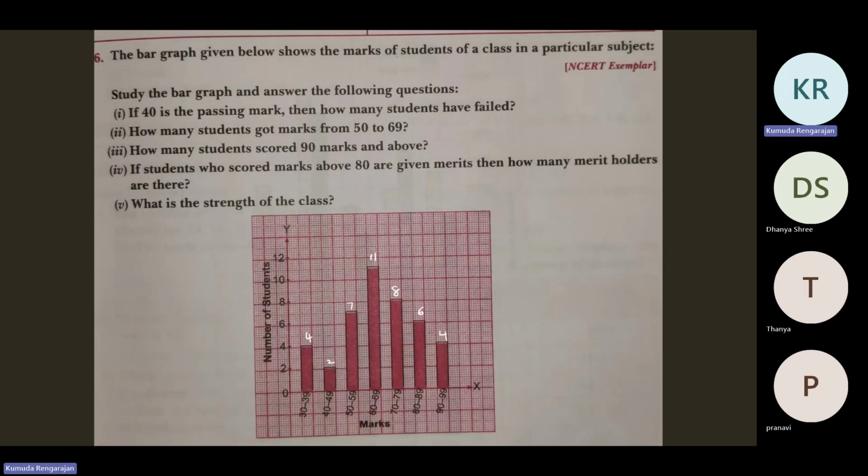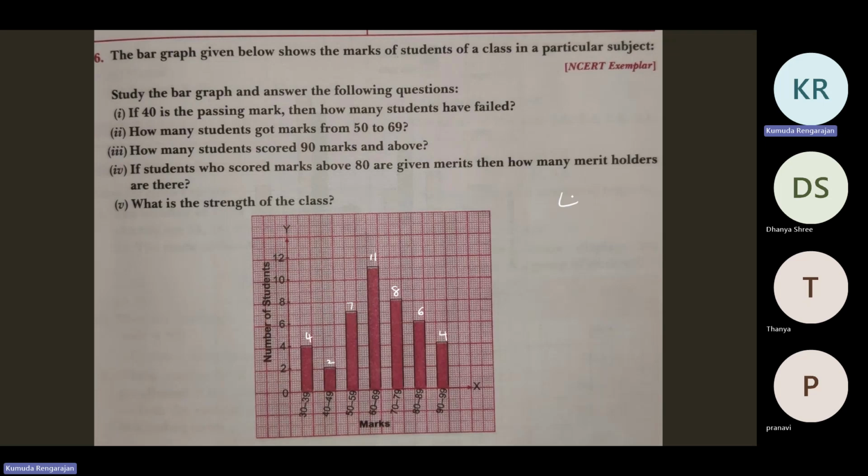What is the total number of students? 4 plus 2, 6. 6 plus 7, 13. 13 plus 11, 24. Plus 8, 32. 42, no? 42, ma'am.